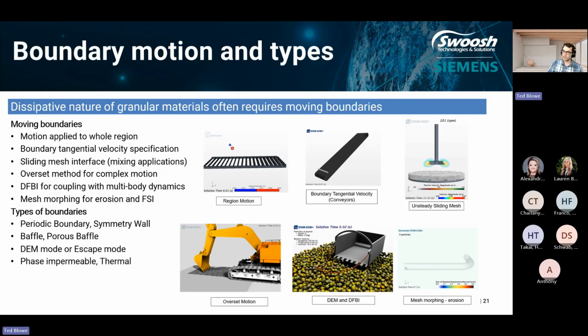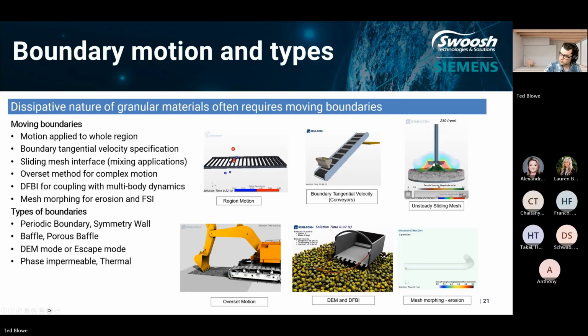Another capability of DEM is the ability to interact with rigid body motion, whether that's a shaking table, a conveyor, or mixing. Mixing is interesting because you typically have two different regions.